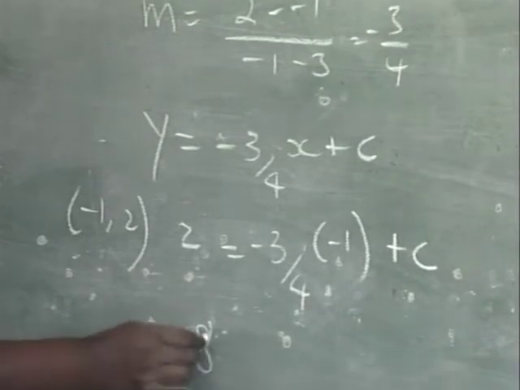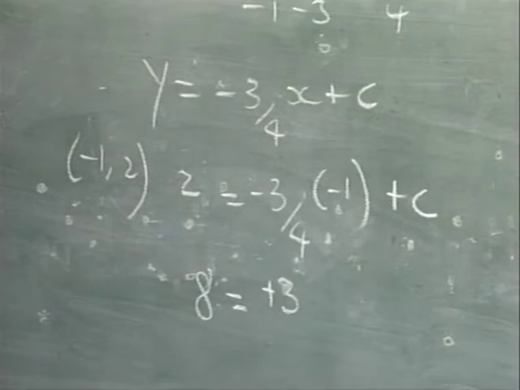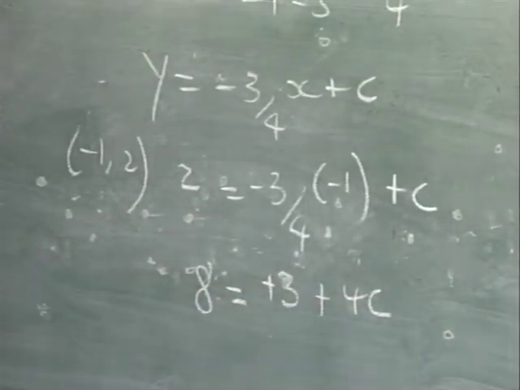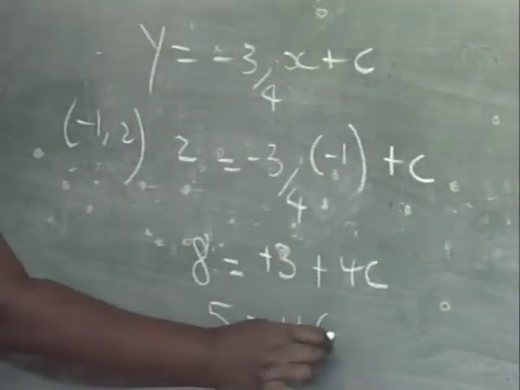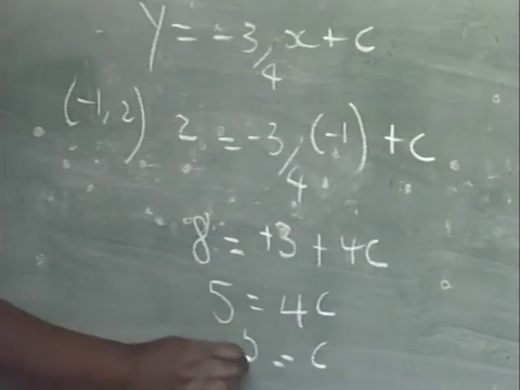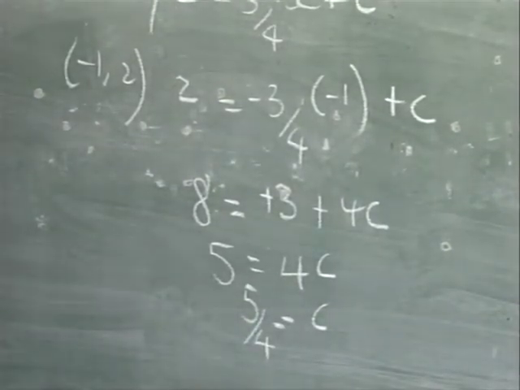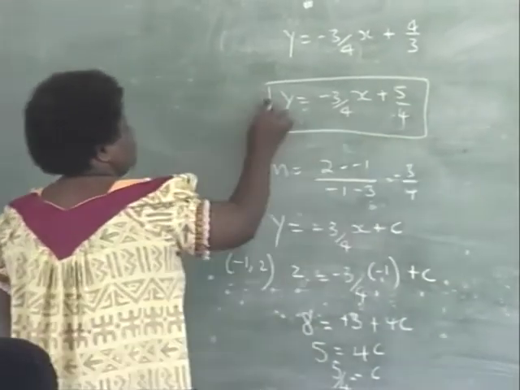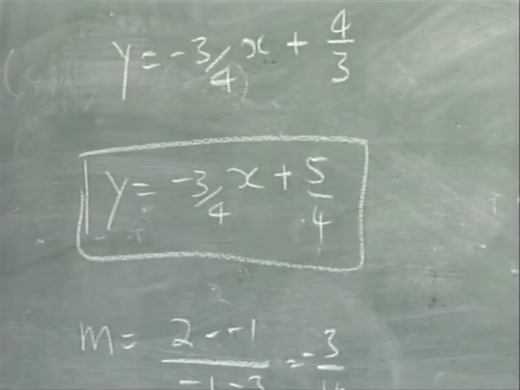I get 8 equals plus 3 plus 4c. Subtract 3 on both sides, I get 5 equals 4c, and c is equal to 5 on 4. So the answer is this one. Y equals minus 3 on 4x plus 5 on 4.